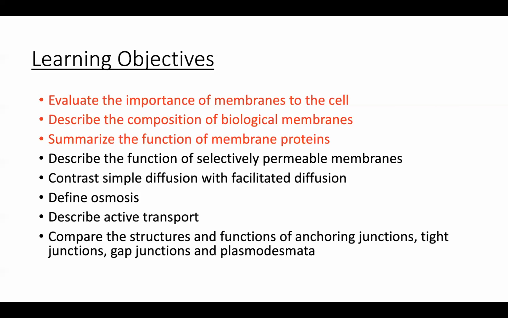So diffusion, osmosis, which specifically refers to the movement of water. Okay, and then we'll look at active transport in contrast as a means for getting these larger complex molecules and ions into the cell, all right? And we'll look at some other structures and functions that take place at the membrane level, okay?